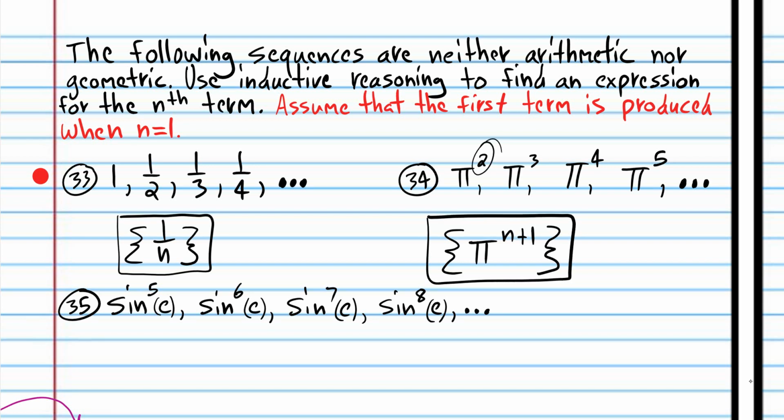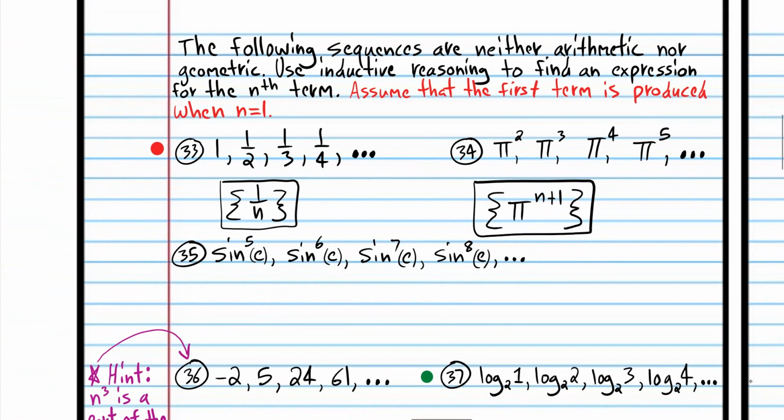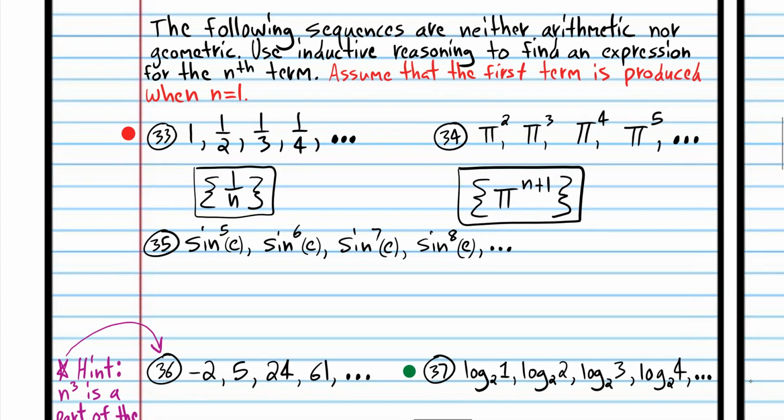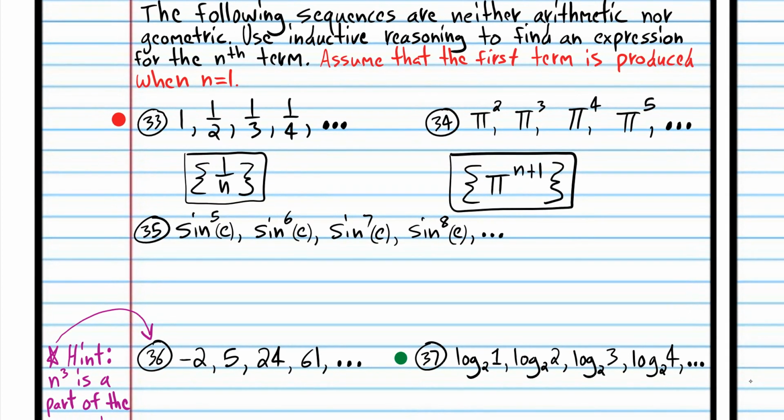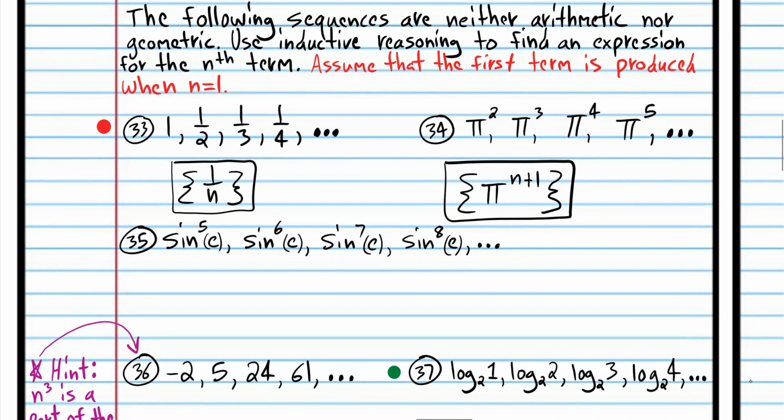If you plug in 2, you get 3, and so on and so forth. So that is an expression describing the sequence. As long as we know that we always start with n equals 1, which we're told up here, then we have an expression that completely describes the sequence.